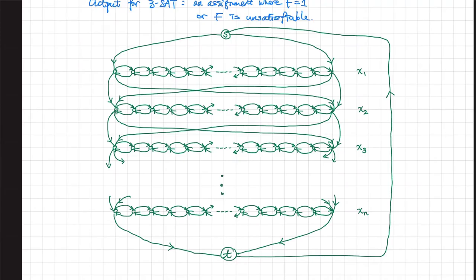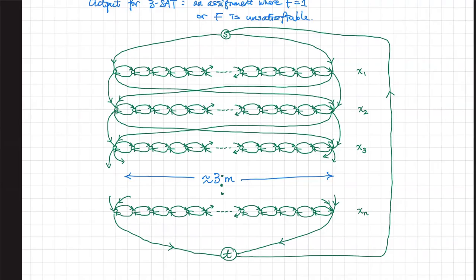Okay, now how many nodes are in each row? Well, there are roughly 3m nodes. Why 3m? I'm going to explain. If you reduce it to 2m, that's probably enough. But just to be safe, I will make 3m nodes.